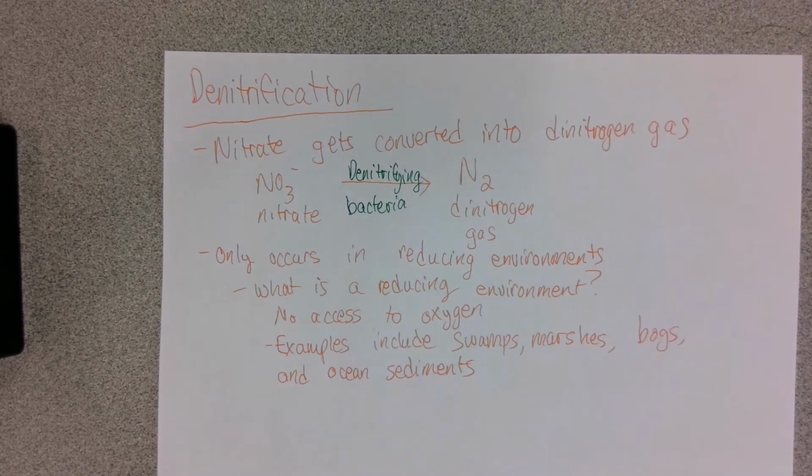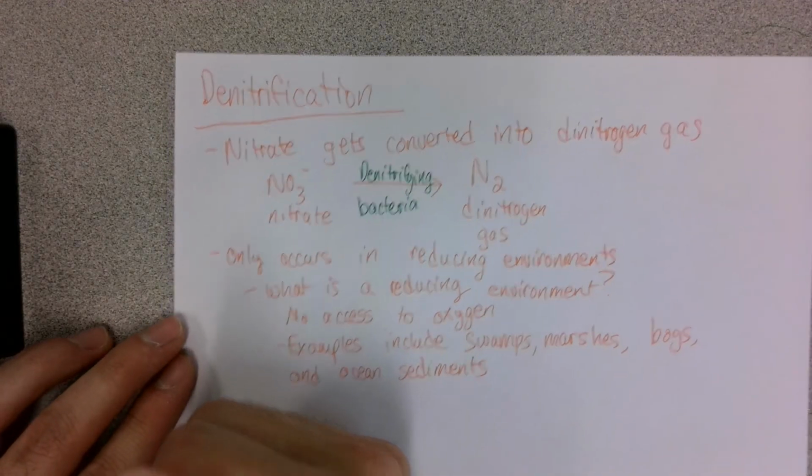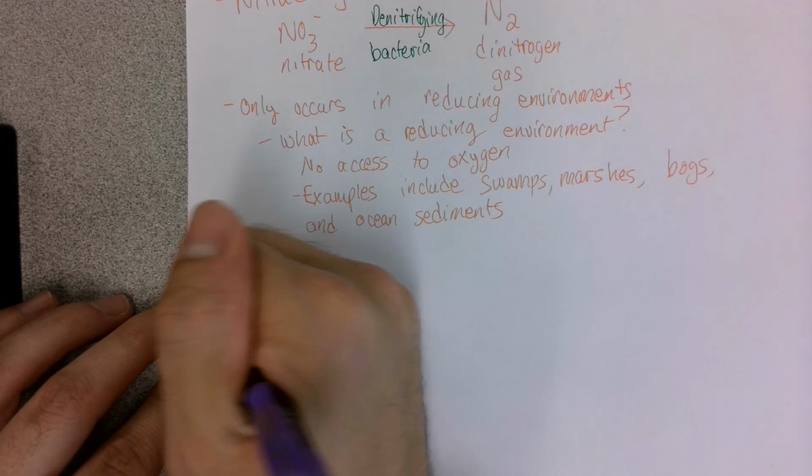Alright, so now we need to talk about the next process, where plants and animals take up nitrogen into their bodies, and it is called assimilation.